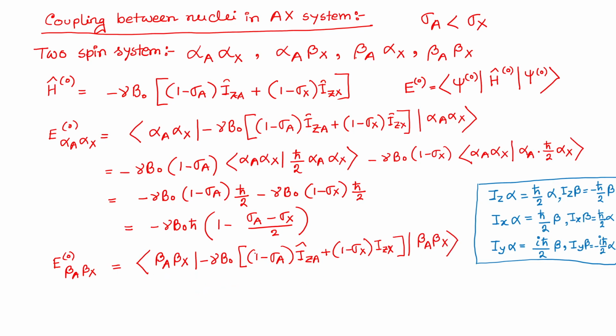If you see, all the things are the same. In this case, both the spins are the same. So what do you expect? You are going to expect a similar thing, right? So I will just write it.